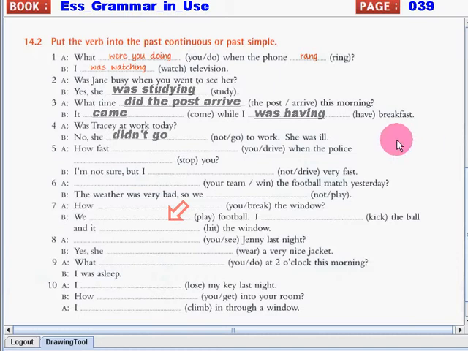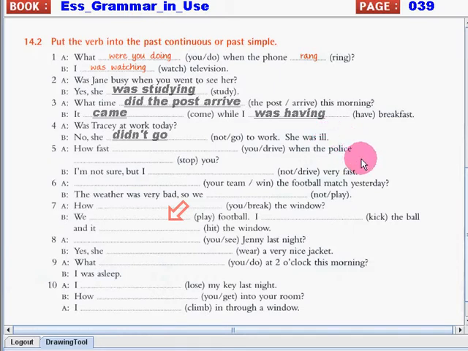Okay, our verb here should be in the simple past tense. No, she didn't go to work. She was ill. This is just an action that happened in the past, and also this should be in the negative because the subject was ill. That's why she didn't go to work.